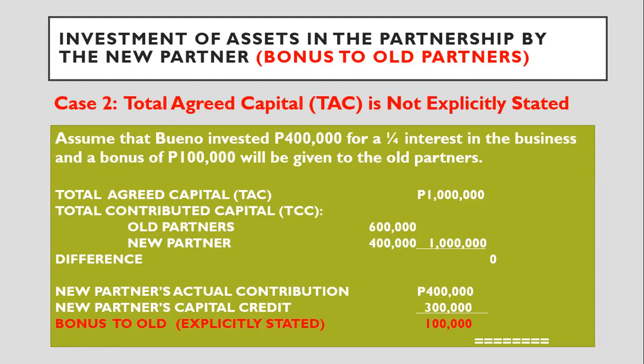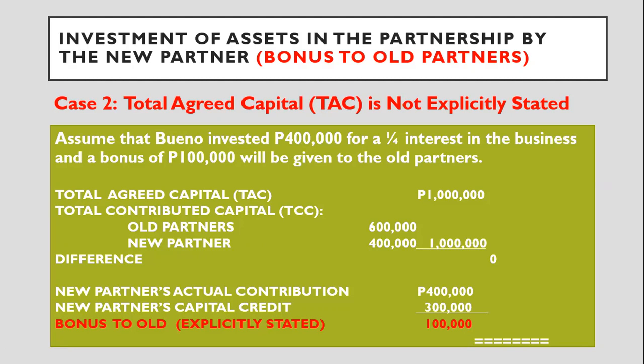Next, we'll have investment of assets in the partnership by the new partner, bonus to old partners. Case number 2 is still a bonus to old partners, but the total agreed capital is not explicitly stated. Assume that Bueno invested 400,000 for a 1/4 interest in the business, and a bonus of 100,000 will be given to the old partners.